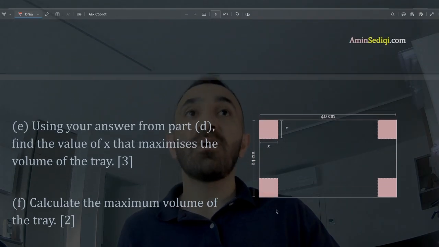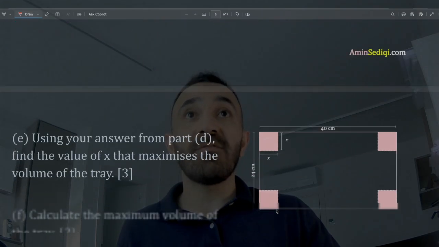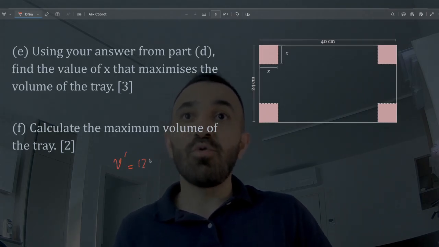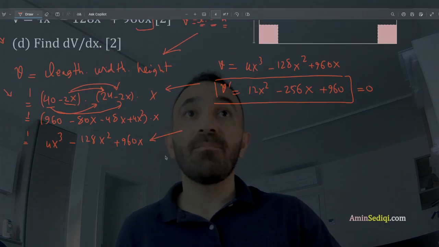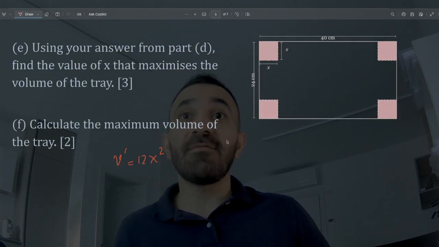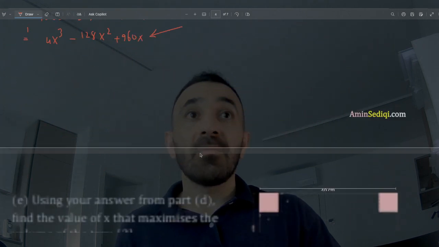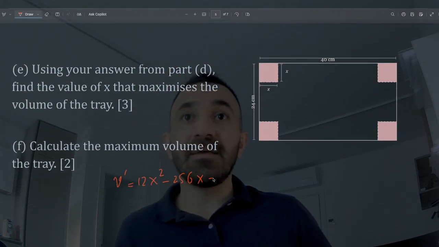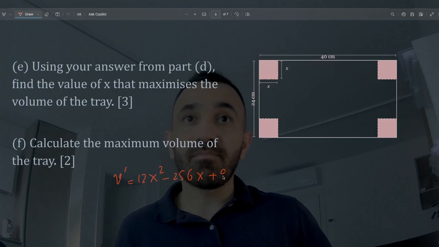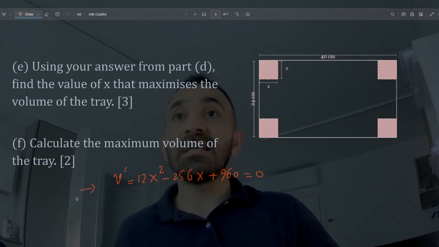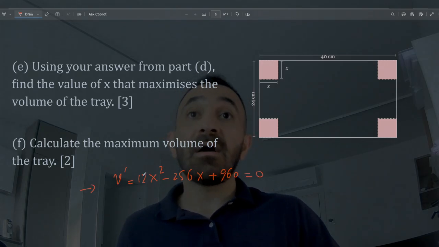So what was the equation? The derivative equals 12x to the power of 2 minus 256x plus 960. I put it equal to 0. Now I need to solve this. Let's solve this with our calculator.